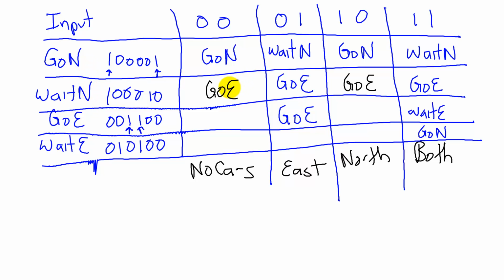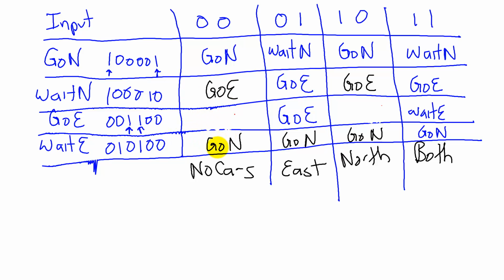That's a silly thing. So I'll just go all the way to green on the east once I go yellow on the north. Similarly down here, regardless of the input, I'm going to go back to north after the east light goes yellow.